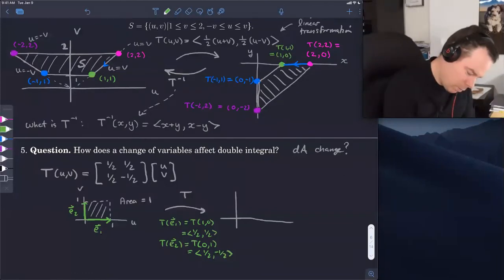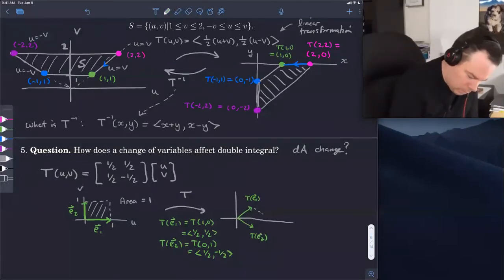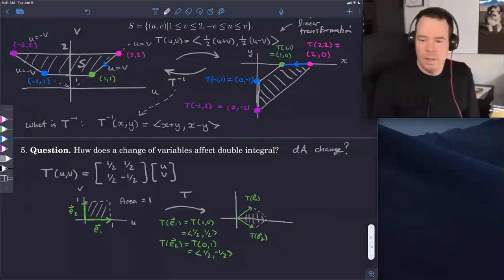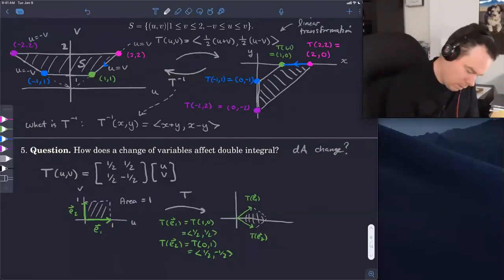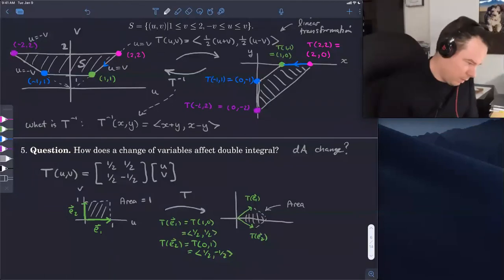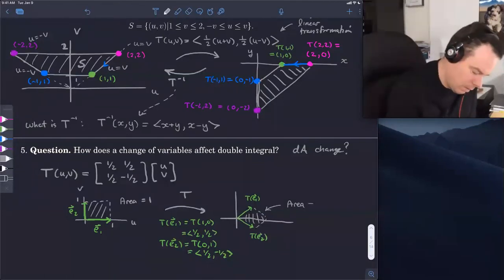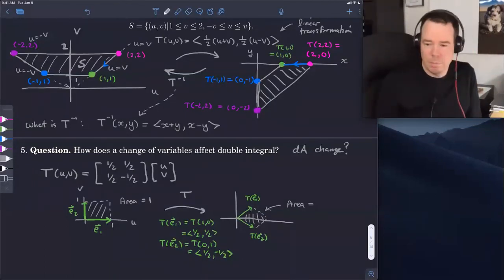So these get mapped to that one and that one. So that's T of E1 and that's T of E2. And they form this little parallelogram. And what is the area of that parallelogram? Well, I have the vectors here, and so we can find the area because I have the two vectors that make up the sides.